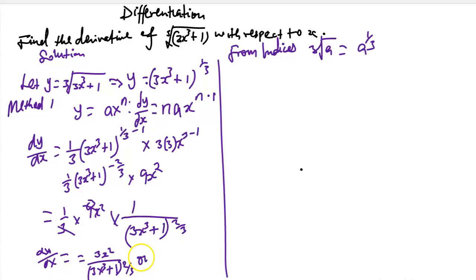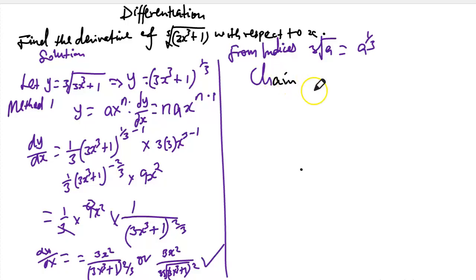Or you can leave your answer as 3x squared over the cube root, as given earlier, of (3x cubed plus 1), all this squared. So this is the first method. Now the second method is by chain rule. So we can use chain rule.